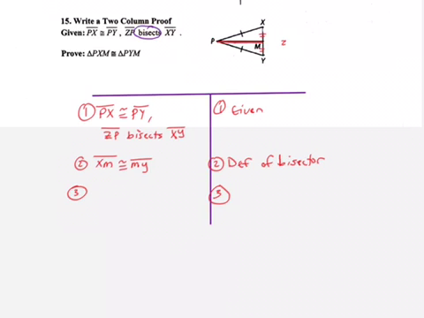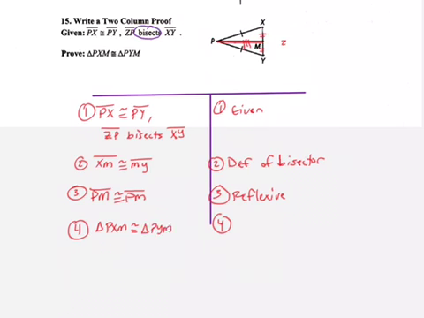Well, notice that the two triangles we're trying to solve for share this common side of PM. So we can say PM is congruent to PM by the reflexive property. And that gives us just enough information to prove that triangle PXM is congruent to triangle PYM by side, side, side triangle congruence.